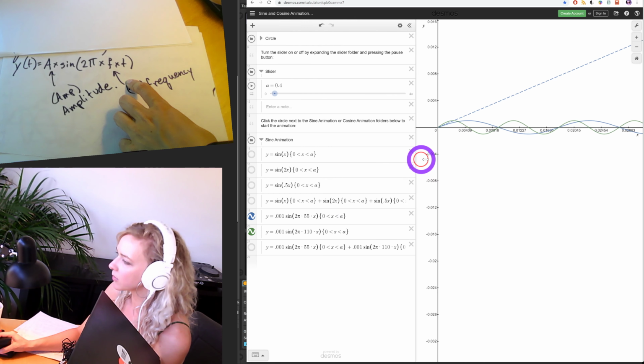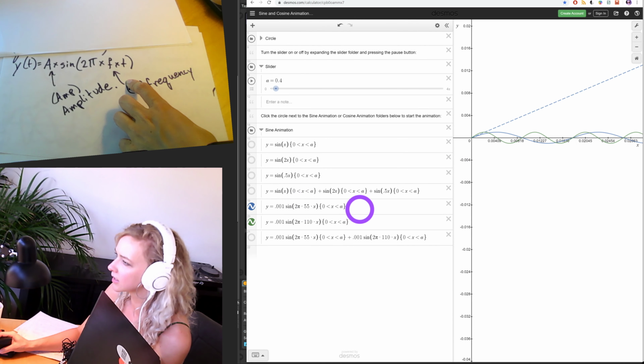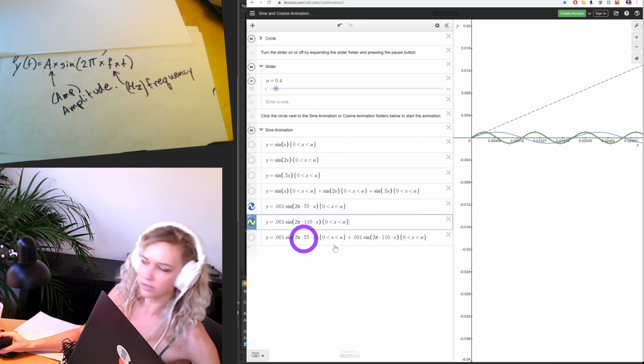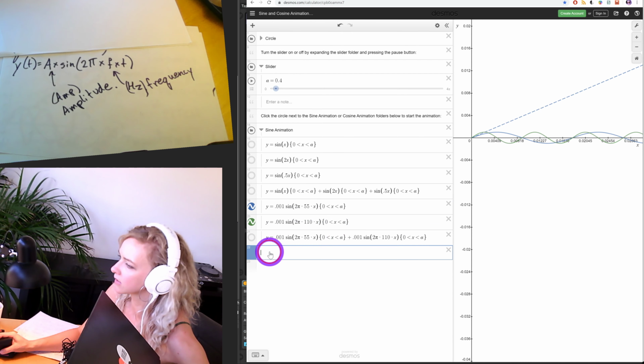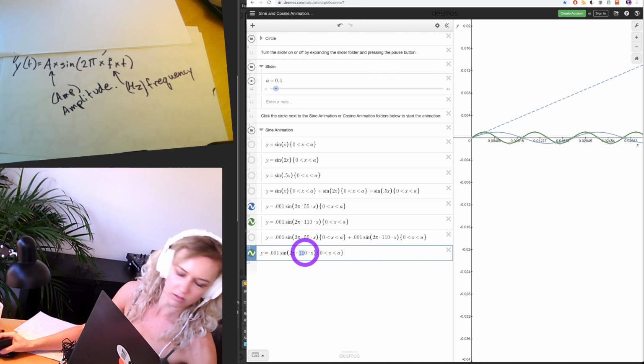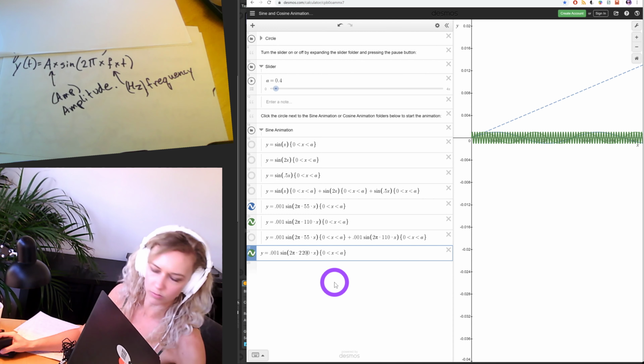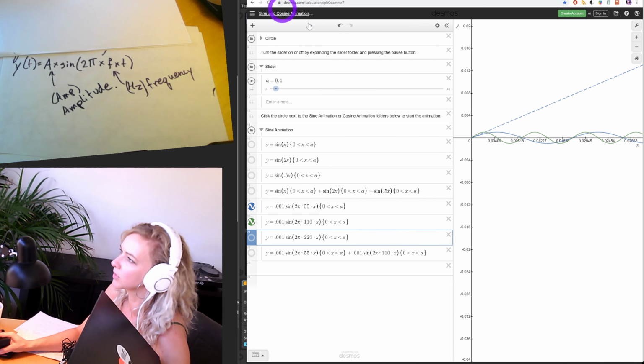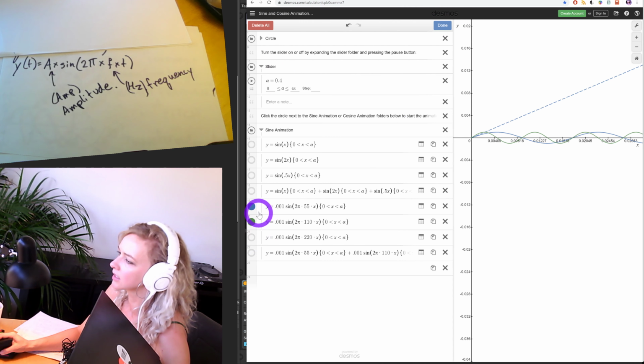Let's do that one more time. Let's add 220 hertz. I don't know why it would make that the same color.